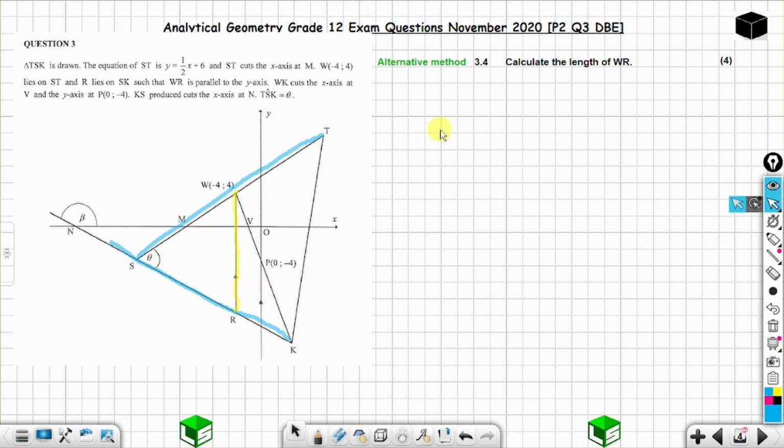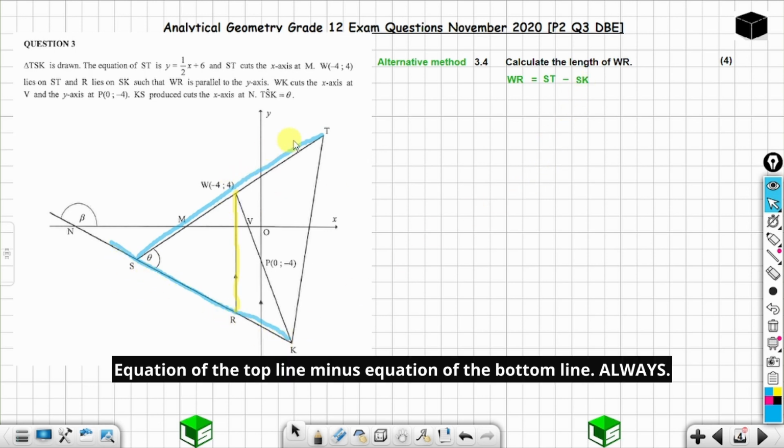So WR is equal to ST minus SK, top minus bottom. So the equation of the top line minus the equation of the bottom line, top line ST, bottom line SK, because the line WR is trapped between the two lines.